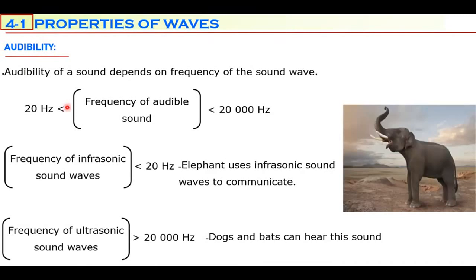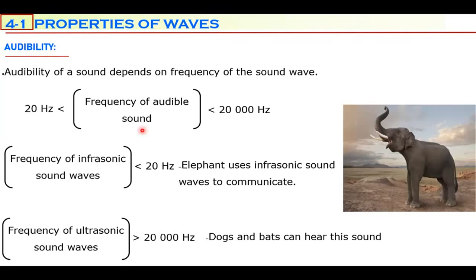Audibility of a sound depends on the frequency of the sound produced by the source. And the human ear can hear a sound whose frequency is greater than 20 hertz and less than 20,000 hertz. We hear this interval, this range.